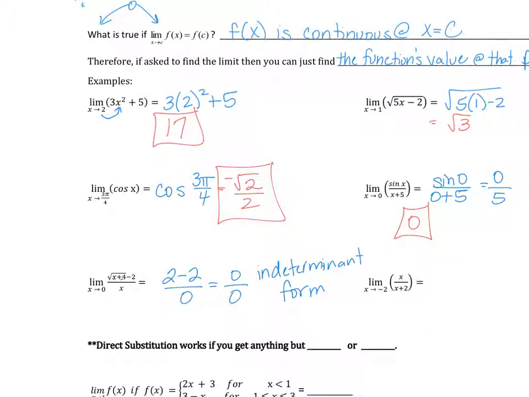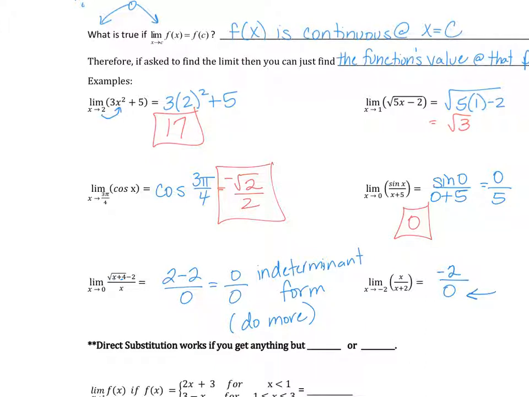So you're always going to do the direct sub. If you get 0 over 0, okay, we're going to have to do more, and we're going to save that for another day. But I just wanted to show you an example of when direct sub would not give you the final answer. Likewise, for the next one, if I plug in -2, I would get -2 over 0.